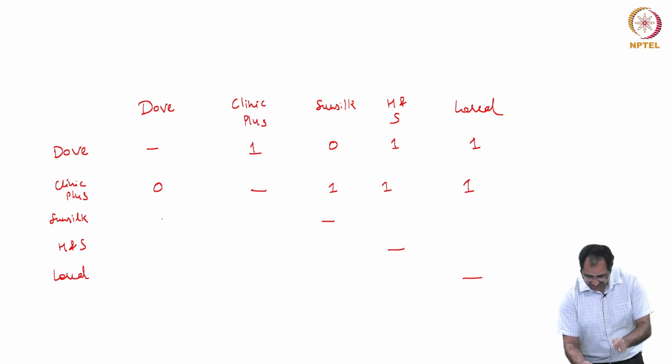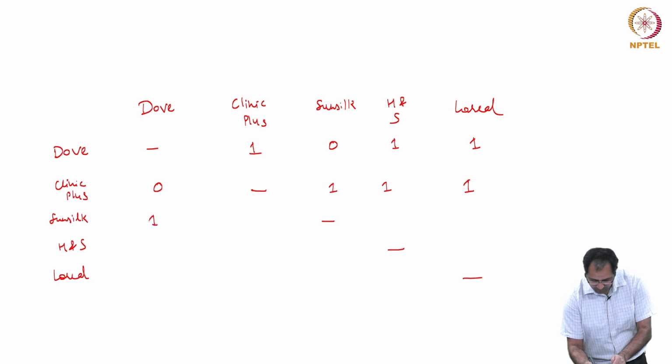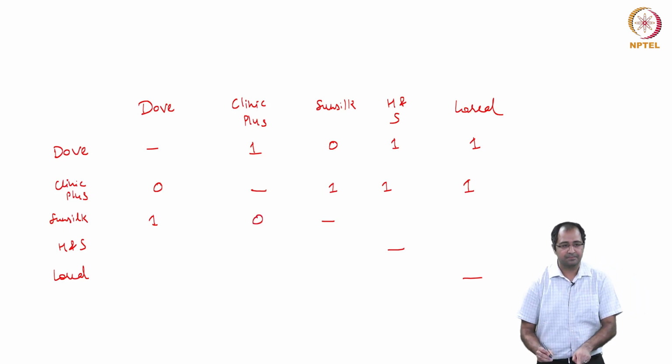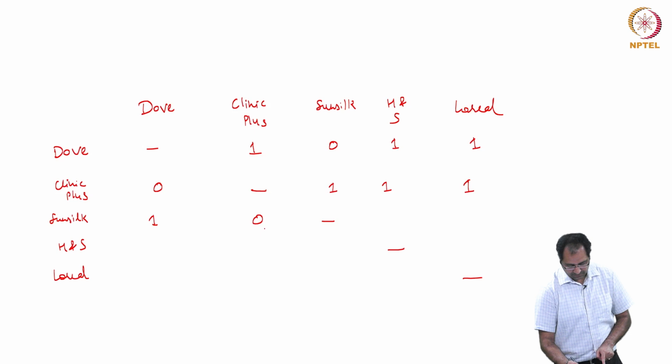So between Sunsilk and Dove it is done. It is 0, Dove was preferred. Here, Sunsilk was there, so 0, right? Sunsilk and Clinic Plus, Sunsilk was there, so 0, right?